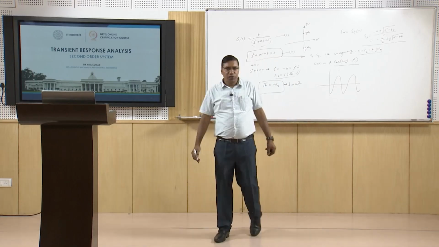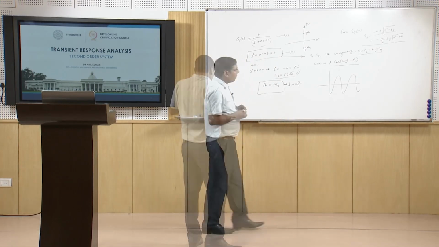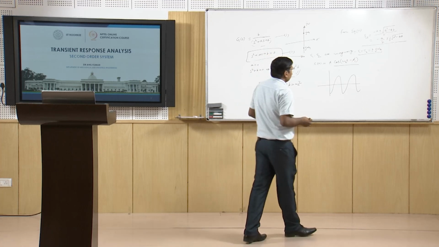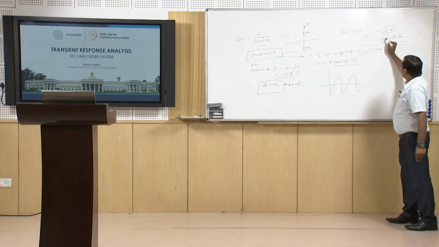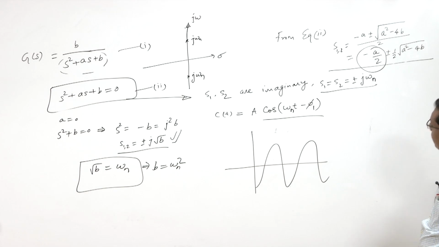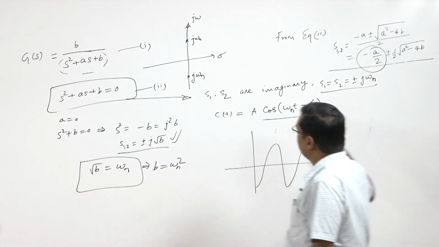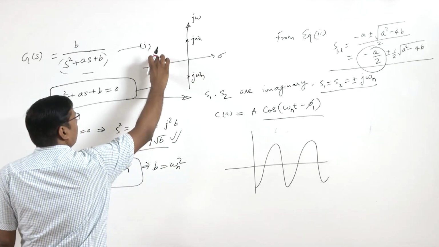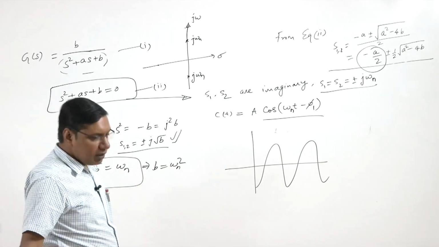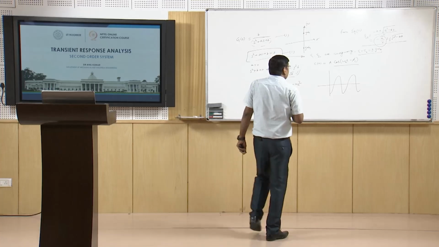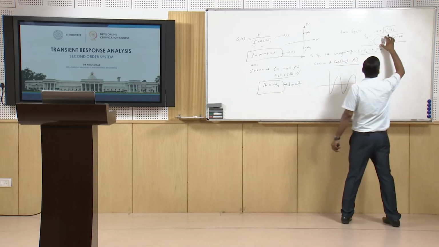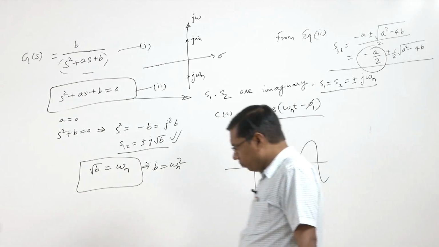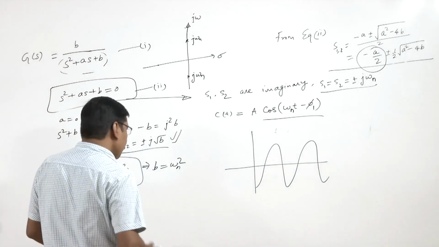Now we define one more term, that is the damping ratio. We know that if the pole has a real part, we saw the effect is exponential decaying. So due to the real part, there will be the effect of damping, and so the damping ratio zeta is defined.